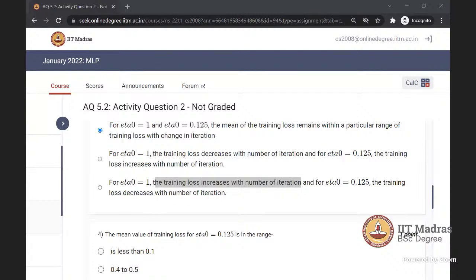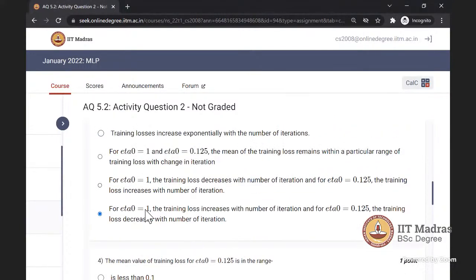Sorry, I think there was another network issue. So where was I? I think the question was why the fourth option is wrong. The fourth option is wrong because it says for eta 0 equal to 1, the training loss increases with number of iterations.